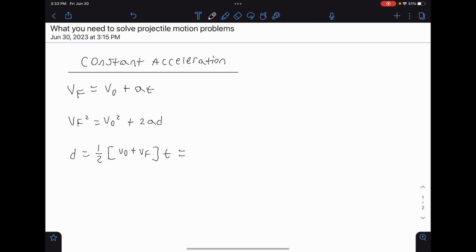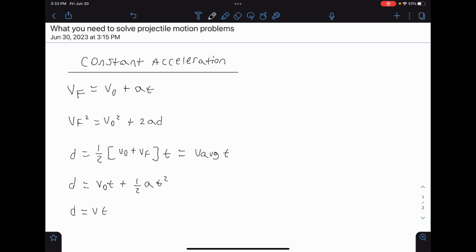So actually this equation is v average times time. Next we have d is equal to initial velocity times time plus 1/2 acceleration times time squared. I almost forgot that one. And of course we have, I'm going to add this one, d is equal to velocity times time. Okay.